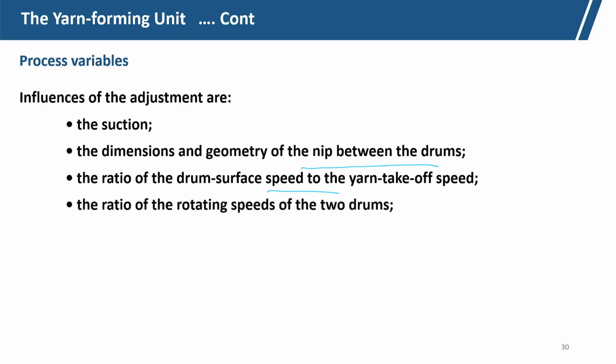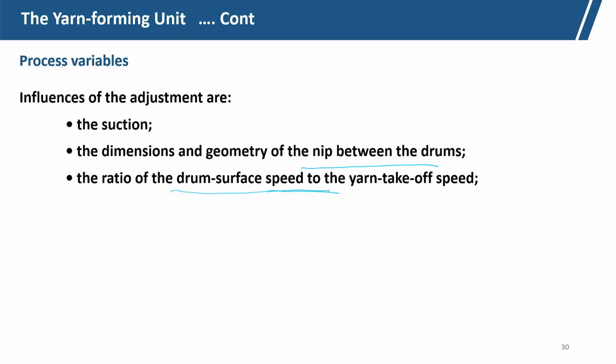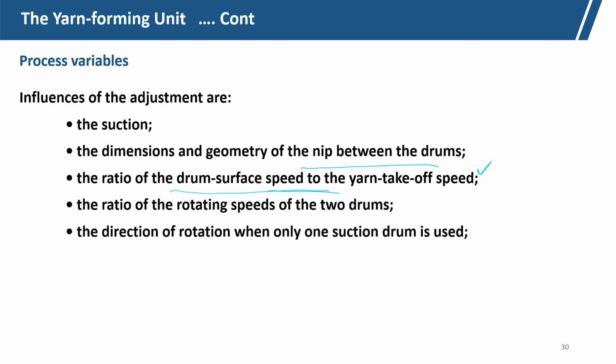There is also the speed ratio, which will result in friction, the ratio of the rotating speeds of the two drums, and the direction of rotation when only one suction drum is used. So, these are the different process variables.